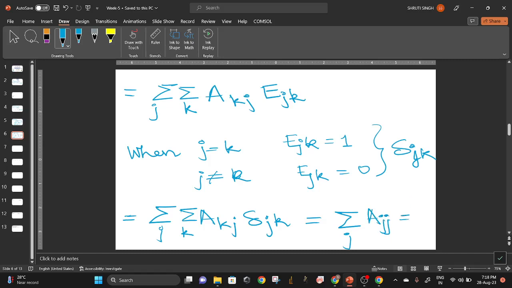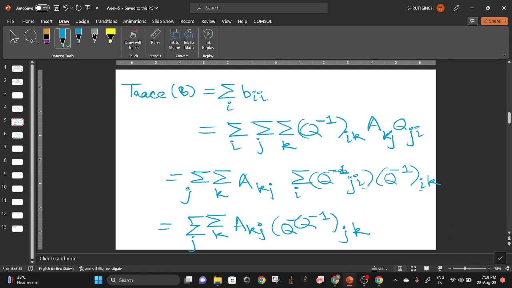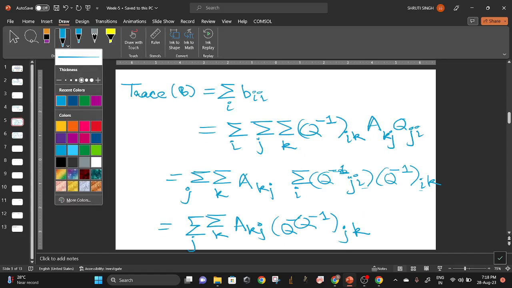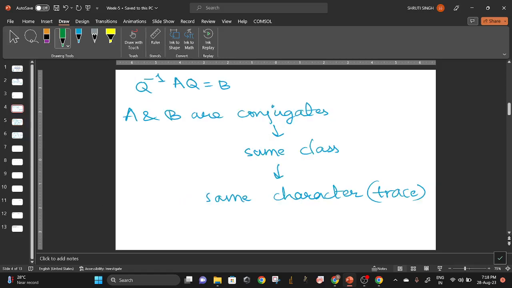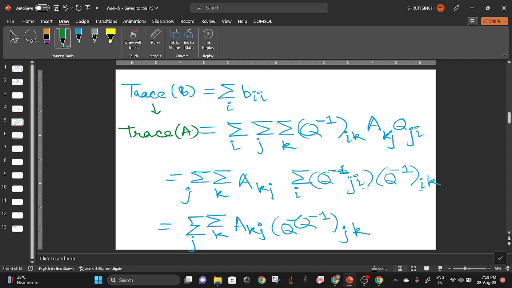So this is equal to trace of A. We started with trace of B, and now this comes to be equal to trace A. So after similarity transformation of the conjugates, the trace remains the same. That's why the characters of elements or operations in the same class have the same traces.